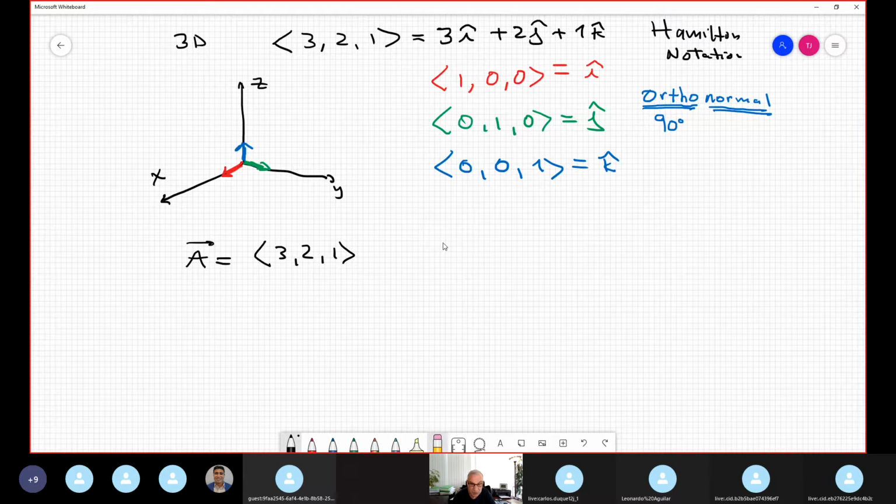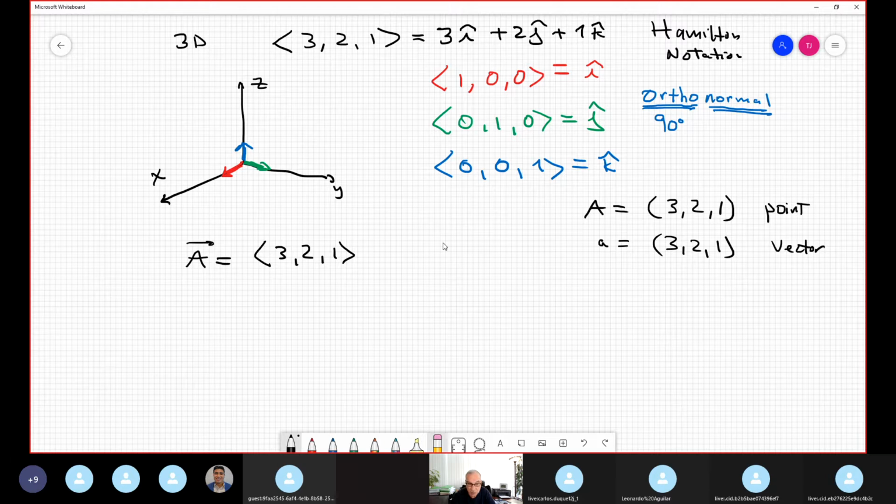By the way, guys, pay attention. In GeoGebra, how does GeoGebra recognize that we are talking about a vector or a point? Well, in GeoGebra, if you put a capital letter, GeoGebra understands it's a point. However, if you put a lowercase letter, GeoGebra understands it's a vector.